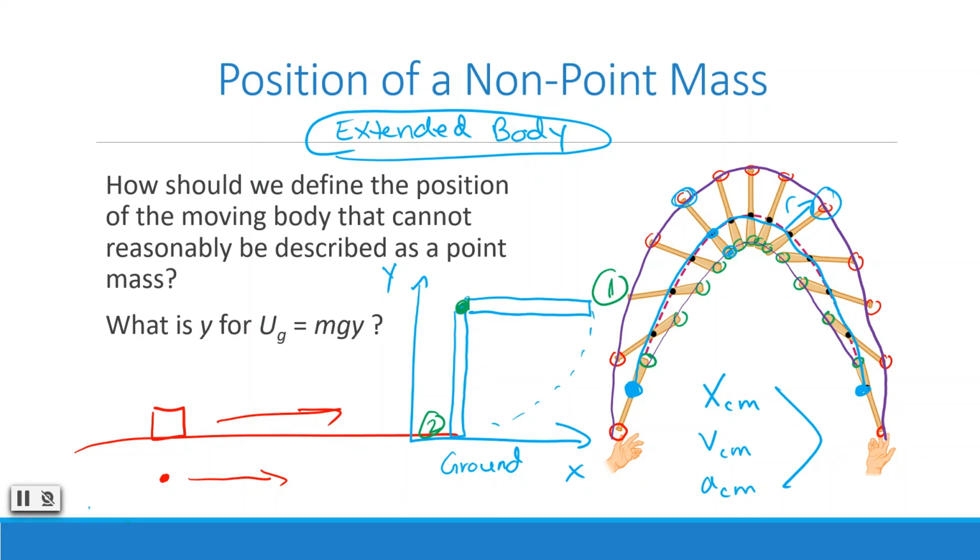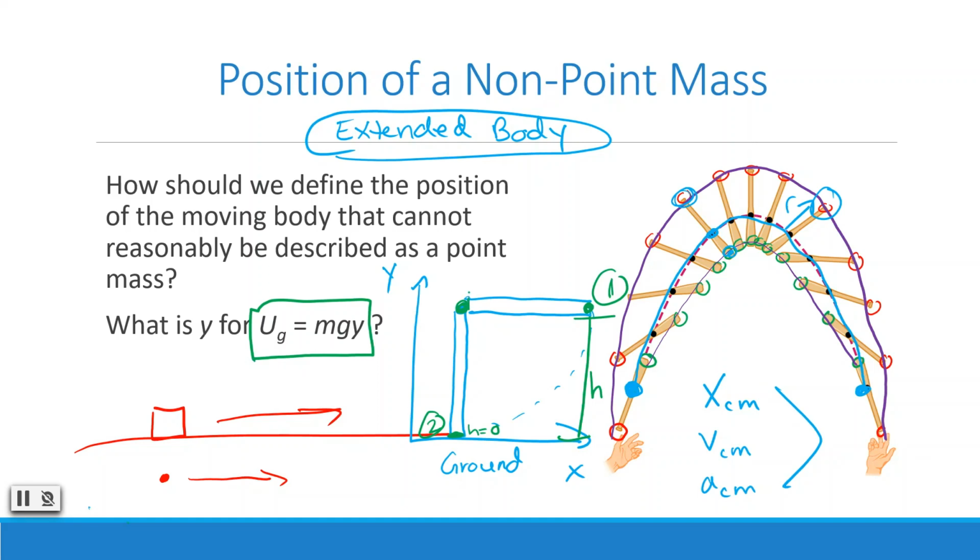It's a fixed point. However, if I look at the end of the rod here, the end of the rod maybe starts at some height h above the ground, and then that end of the rod ends at a height of 0. So that end goes through a very large change in potential energy. Well, when I look at that, and I want to say that my potential energy is mgy, which part of the y do I use?